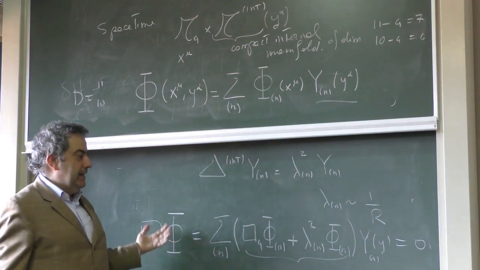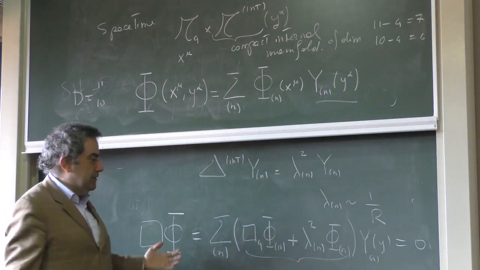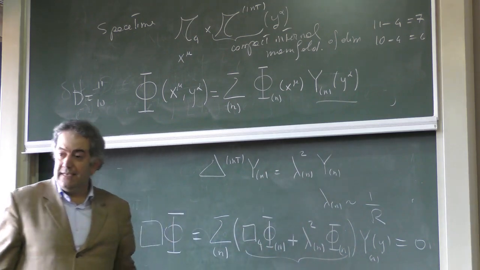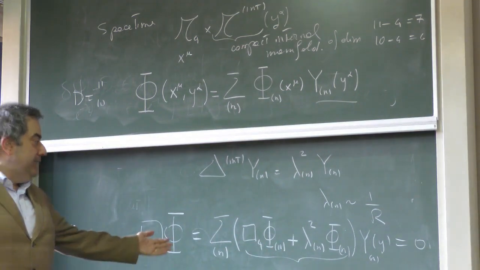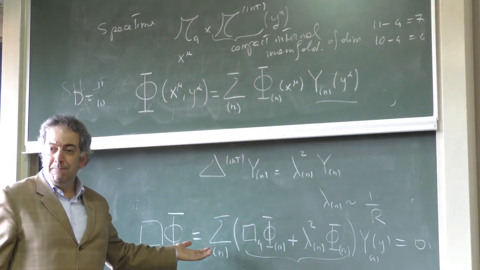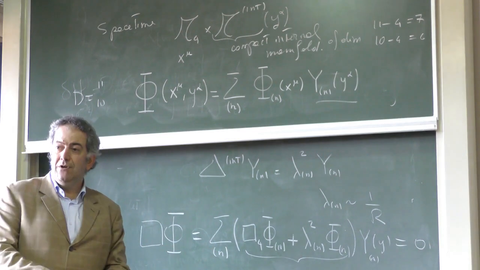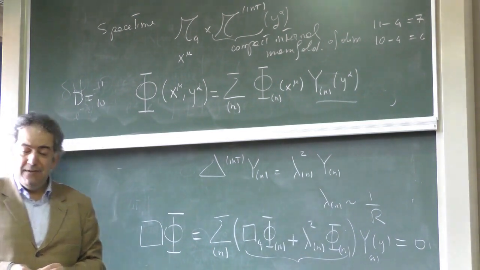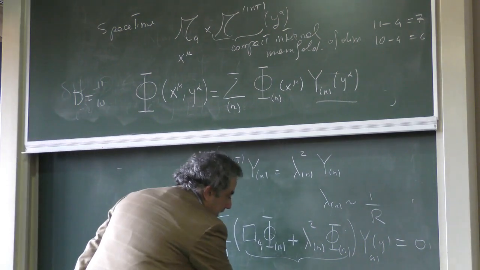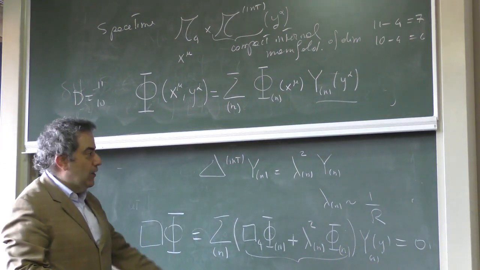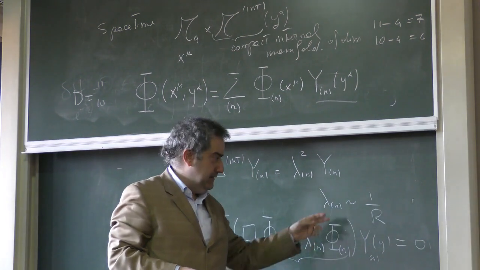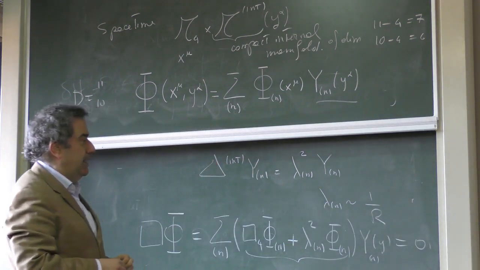If you apply the Laplace-Beltrami operator, you end up with a tower of massive states. There are infinitely many harmonics, so you have an infinite tower of massive states. The masses are lambda squared, and they all go like 1 over r.